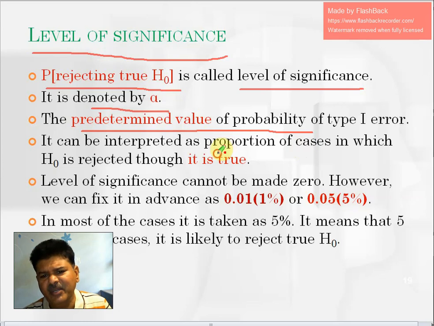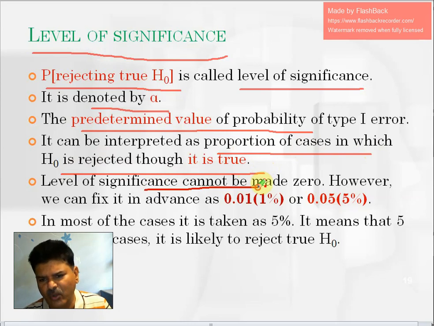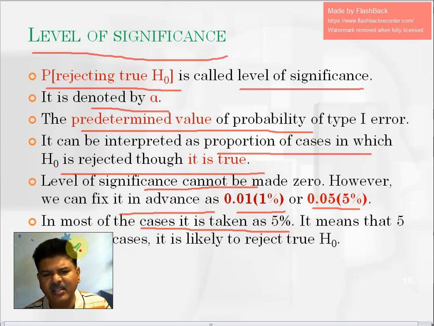It is interpreted as the proportion of cases in which H naught is rejected though it is true. The level of significance cannot be made 0, however we can fix it in advance. Either it is taken as 1% or 5%. In most cases, it is taken as 5%. It means that in 5 out of 100 cases, we are likely to reject a true H naught.